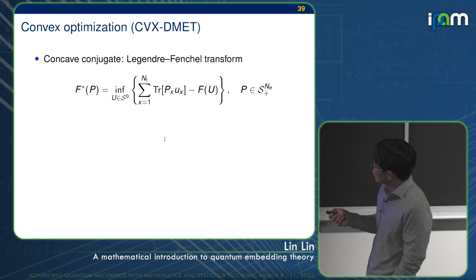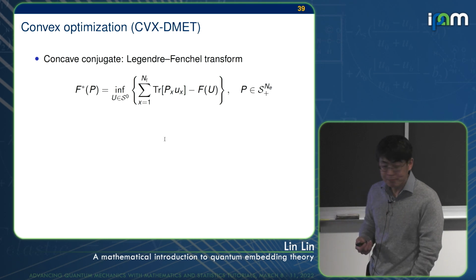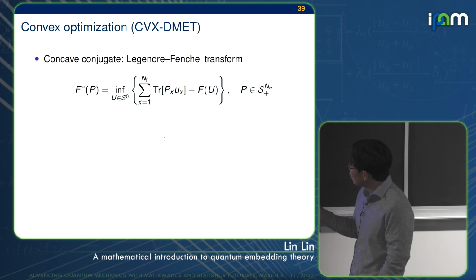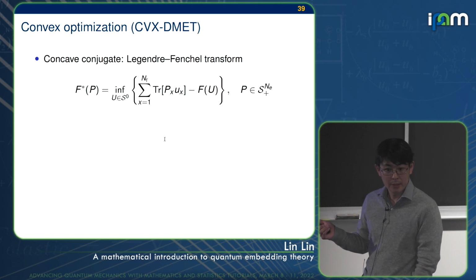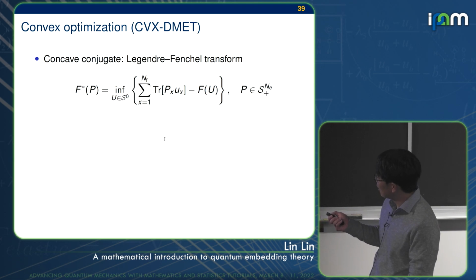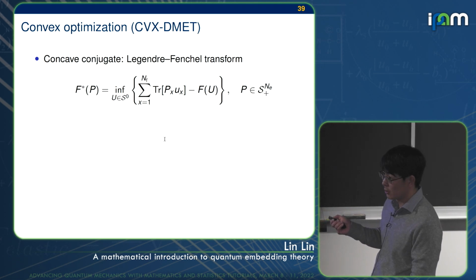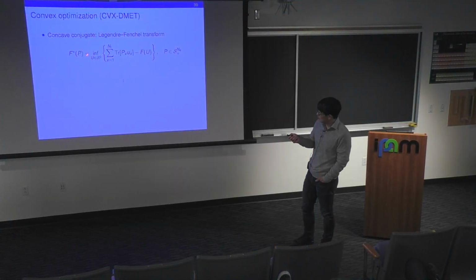And this is really Mike's idea, that you look at the dual of it, that is this F star (P), given by the standard Legendre transform. So you have the inf over the correlation potential, given this high-level density matrix called P, and here is your U, the correlation potential, minus F(U).